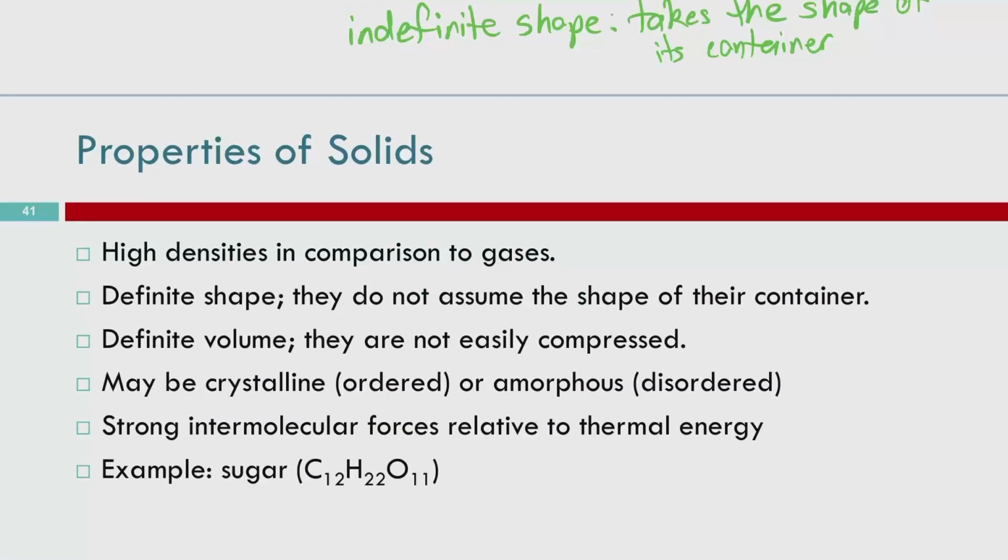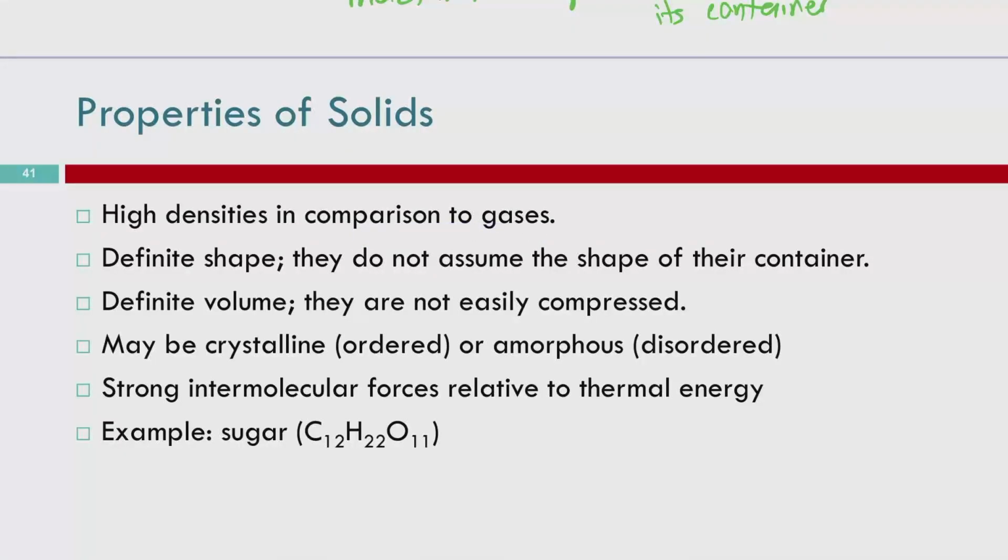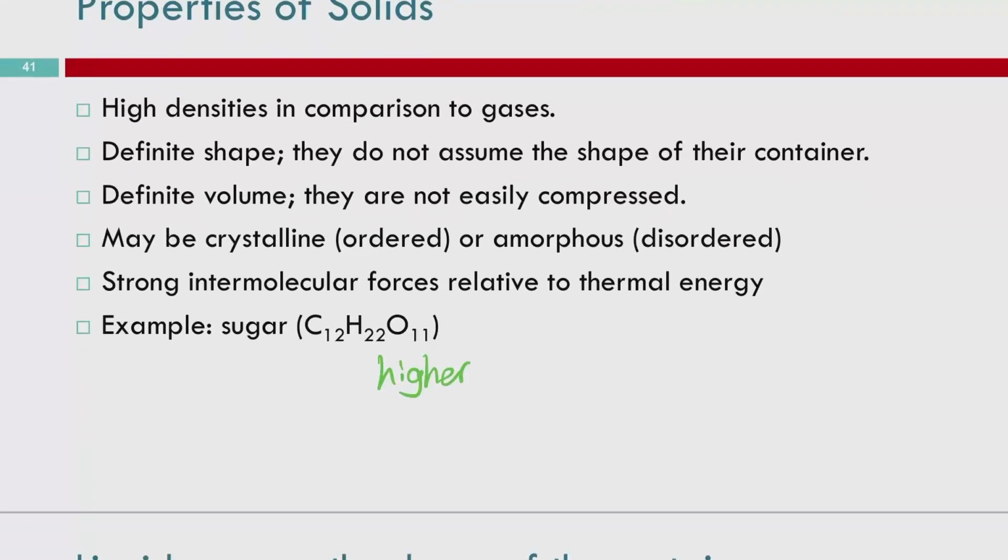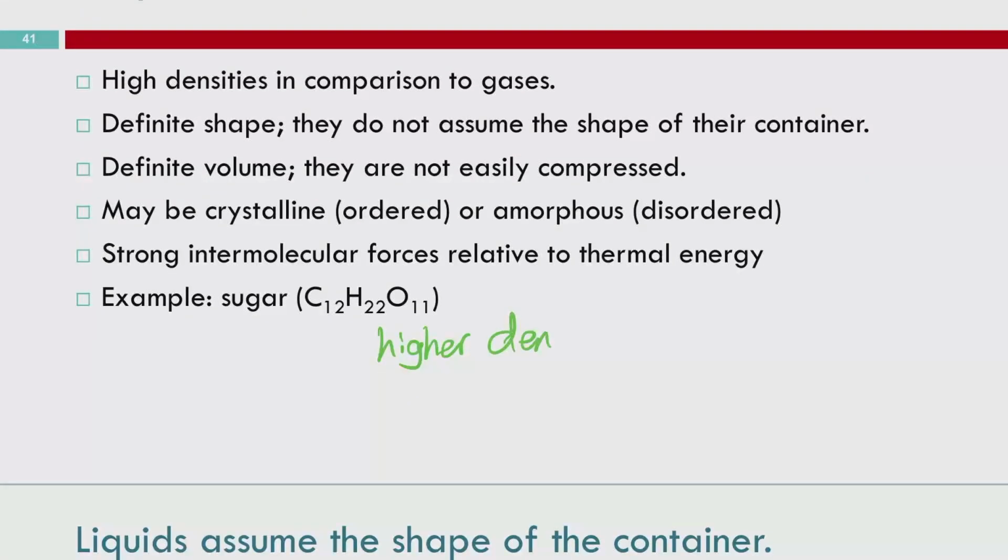Solids, on the other hand, also have high density in comparison to gases. So we've got higher density again. These have definite shape. Definite shape is what makes solids special.